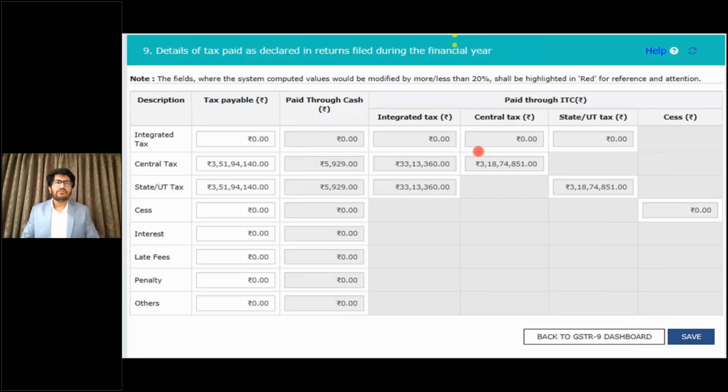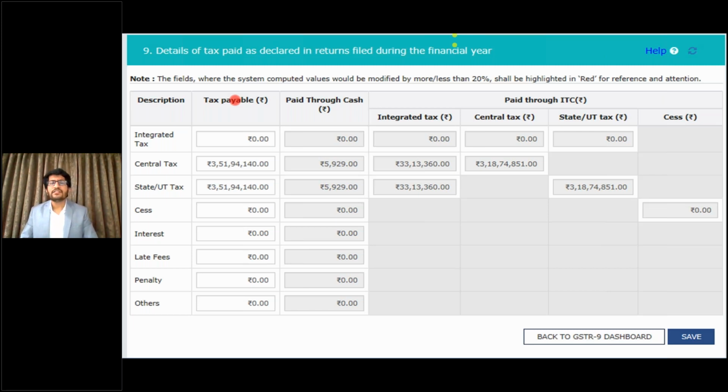So friends, with this we will move to table 9. One basic cross check which we have to keep always is that the tax payable as per table 9 should always be equal to tax payable as per table 4.